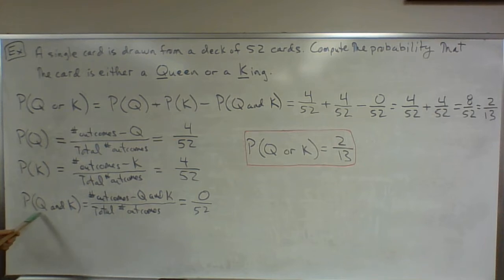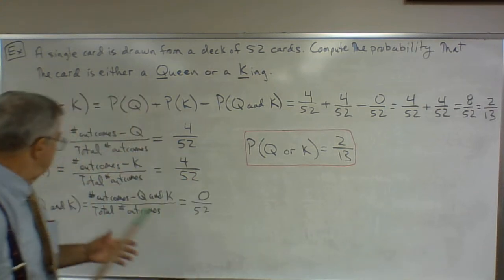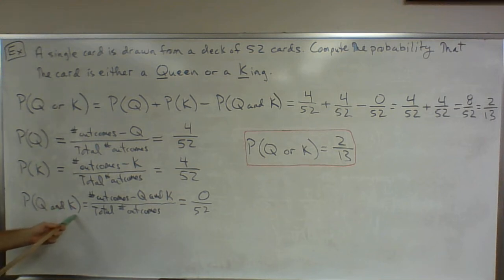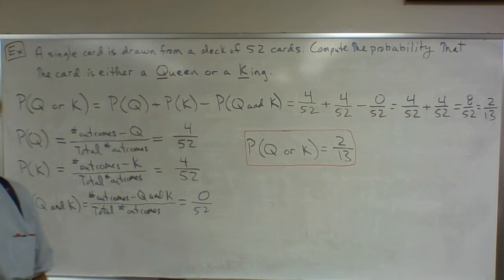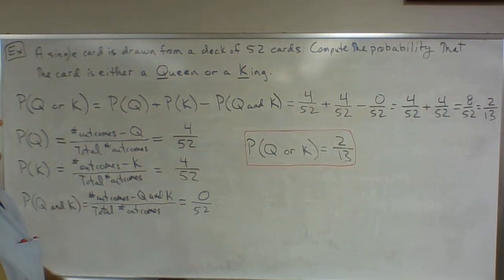The probability of getting a queen and a king was 0. There were no outcomes in which both queen and king occurred. And look what the formula for the probability turned out to be.